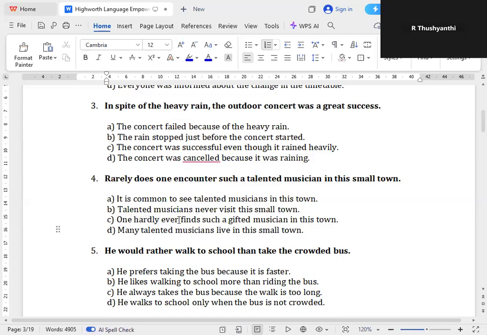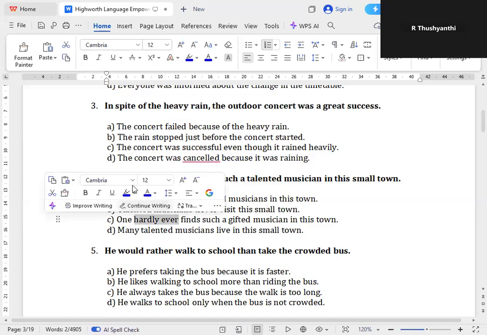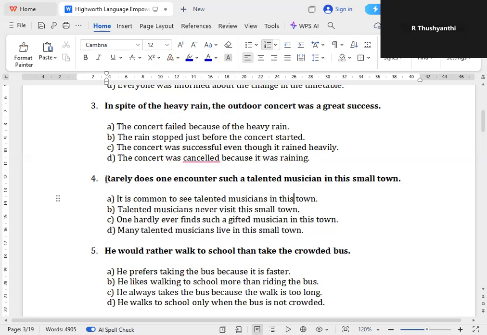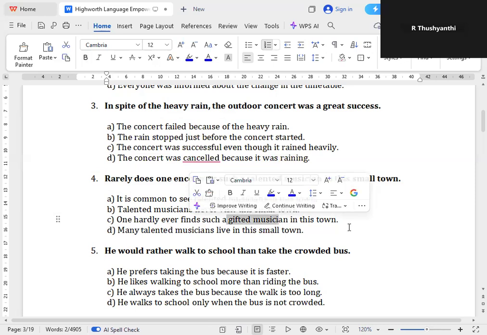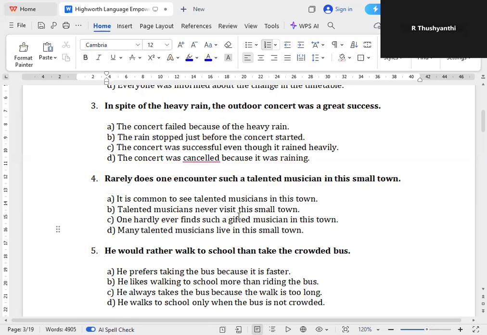When you go to the simple present tense worksheet, you can see I have given this word within the brackets where the word "rarely" is. So C is the correct one. One hardly ever finds such a gifted, talented musician in this town. So that's the correct one. D says many talented musicians live in the small city.